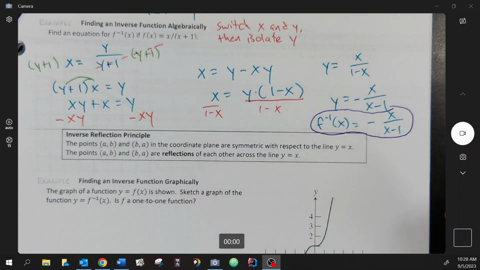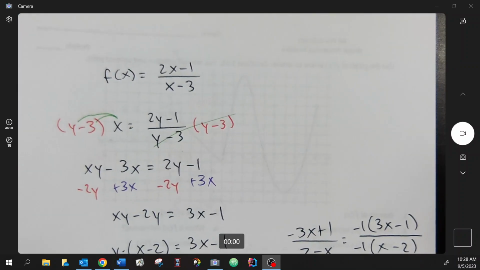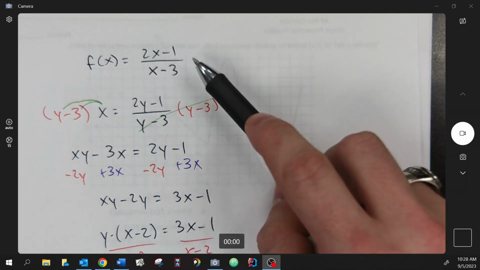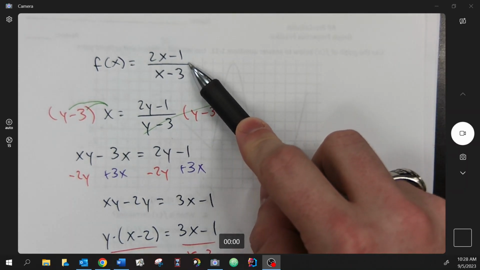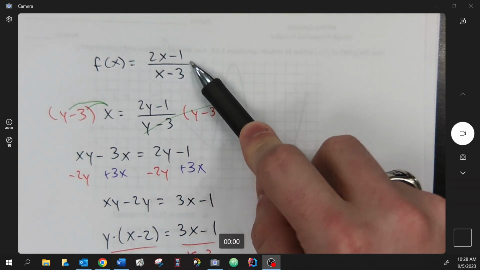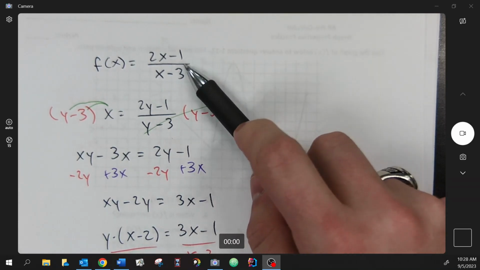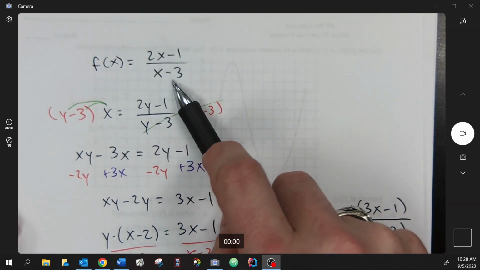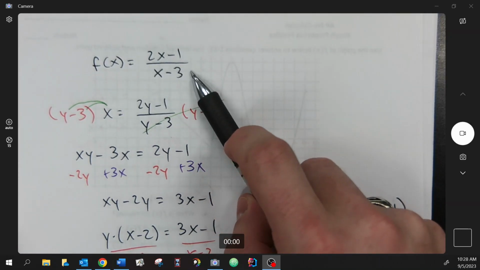It's not a coincidence. And the reason why it's not a coincidence is because when you find an inverse function, you are literally finding a set of instructions that does all the same math the original one did, but in reverse order. So if you took a number like x equals 5, let's just say you had to plug that in. Here you'd multiply, then subtract. Here you'd subtract. And the very last thing you would do is divide.